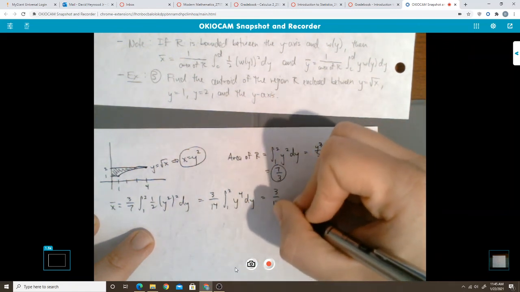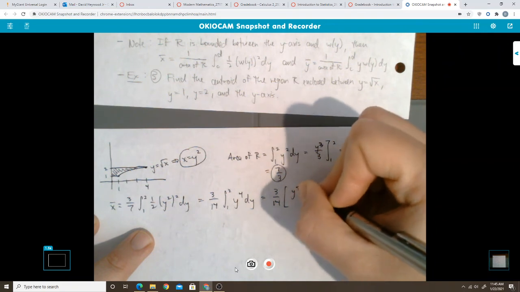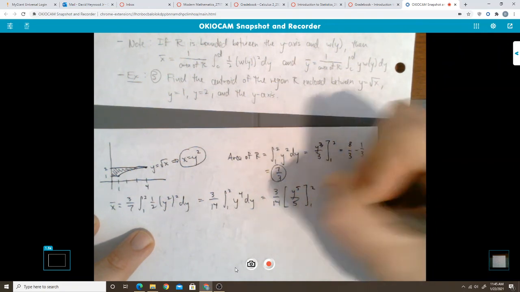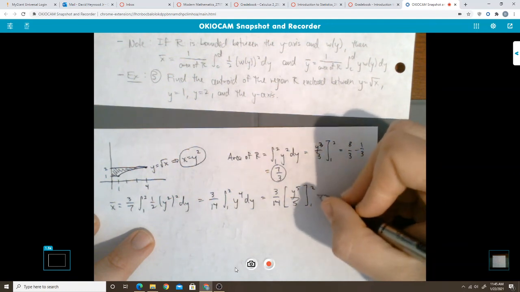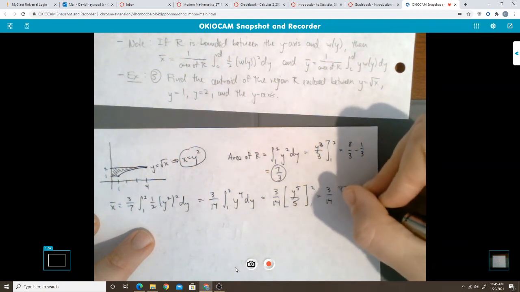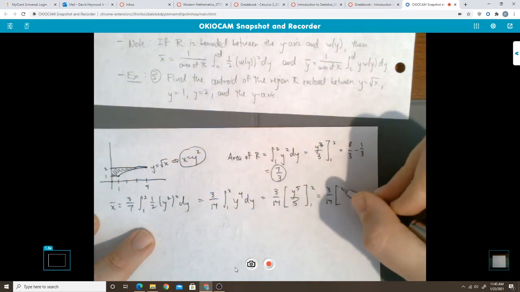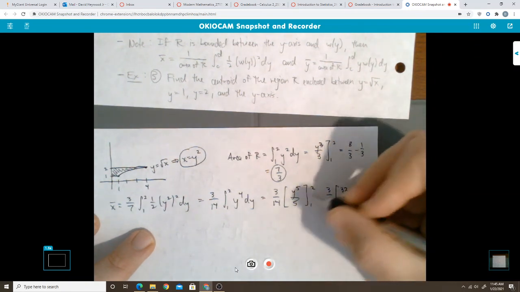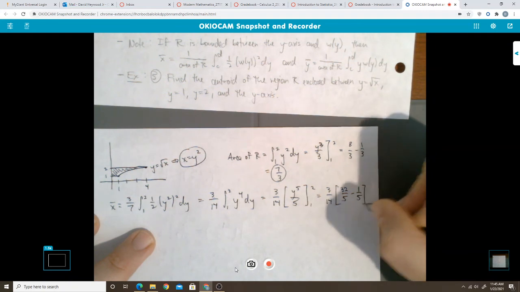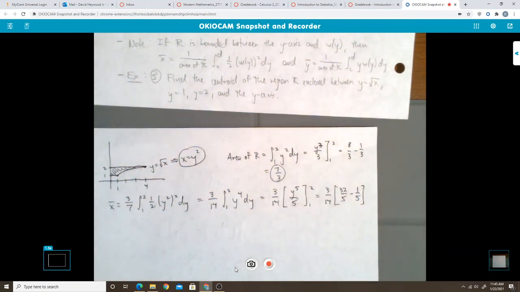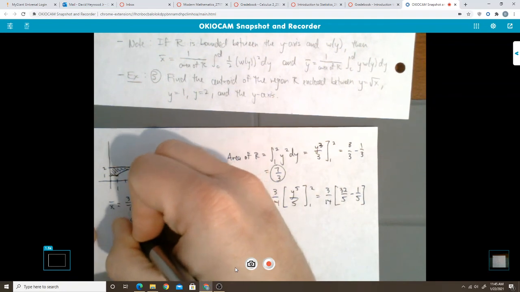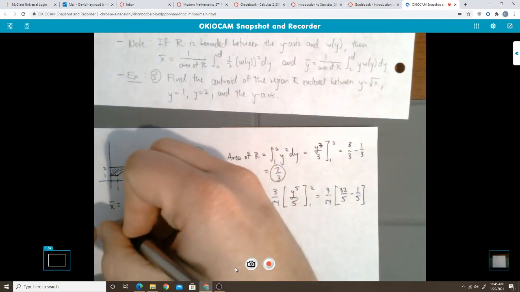So that's 3/14 times y to the 5th over 5 from 1 to 2. 2 to the 5th is 32, so that's 32/5 minus 1/5, so 31/5, and 3/14 times 31/5 is 93/70. So x bar is 93/70. Okay, so there's x bar.